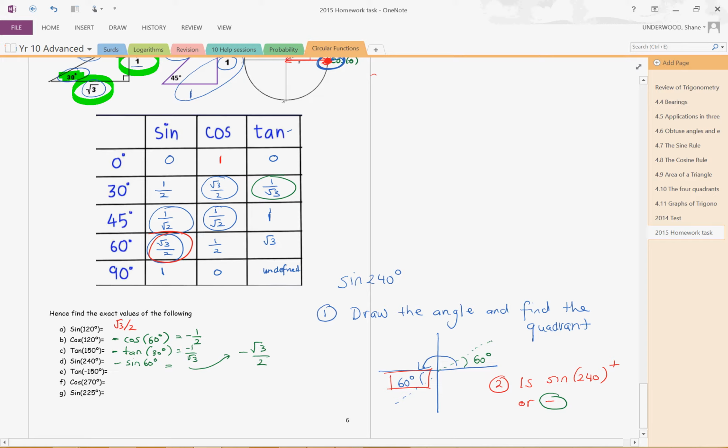Sine of 60 degrees is root 3 on 2. But because it's in the third quadrant, it's negative root 3 on 2. So, step 1 is we find the reference angle and we find what quadrant we're in.